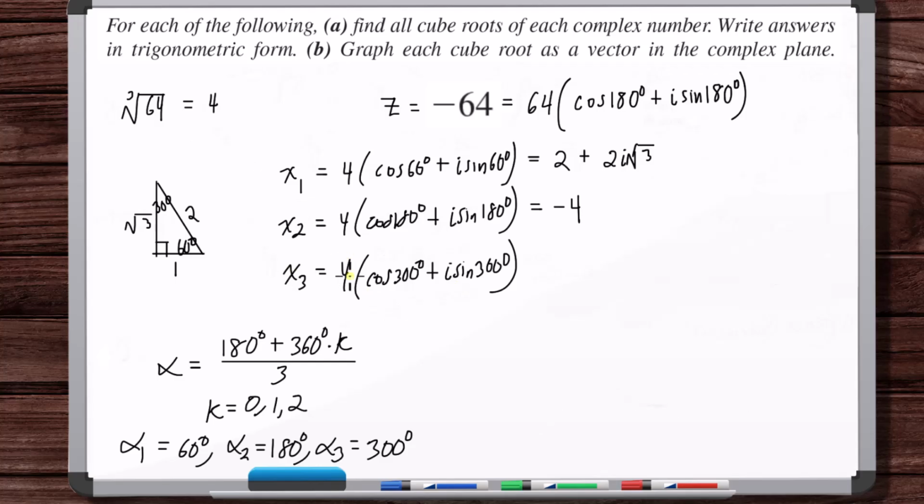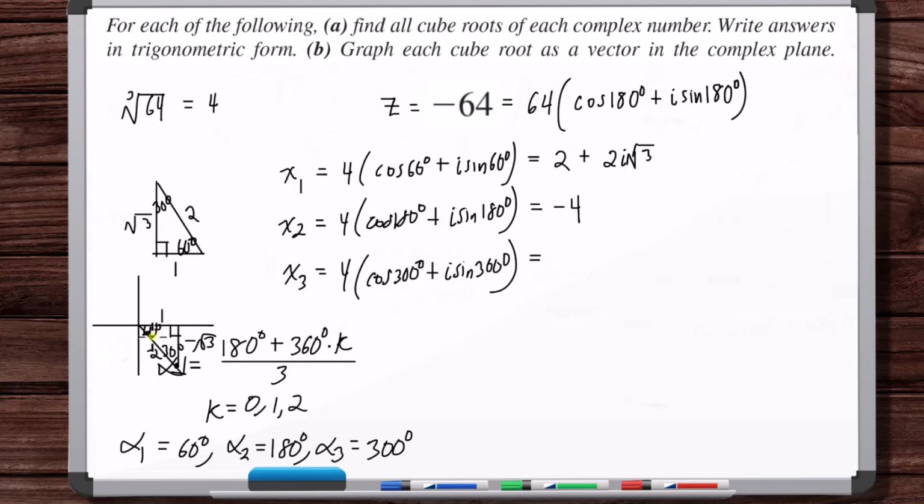Now 300 has reference angle 60 degrees in the fourth quadrant. We have the 60-degree reference angle with 1, root 3, 2.